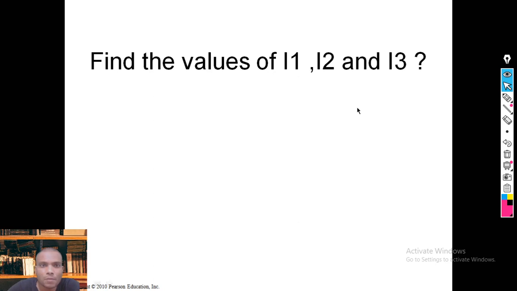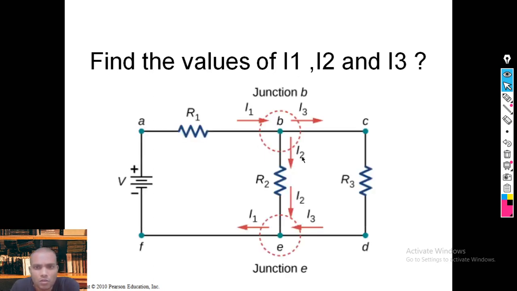So let's try to apply. The given problem is to find the values of I1, I2, I3. They are given in the circuit, so we need to find the value of I1, the value of I2, and the value of I3.